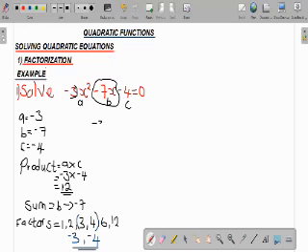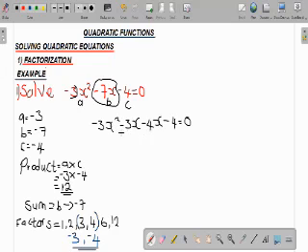So we're going to rewrite it: negative 3x squared, minus 3x, minus 4x, minus 4 is equal to 0.